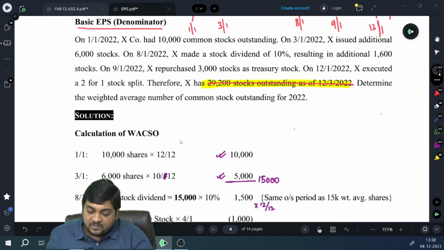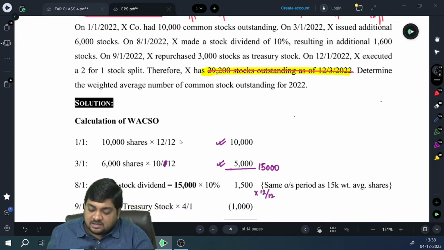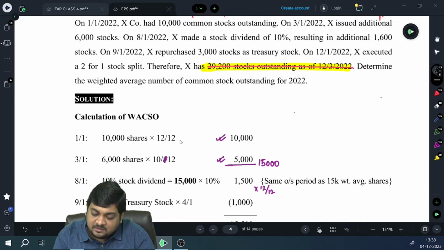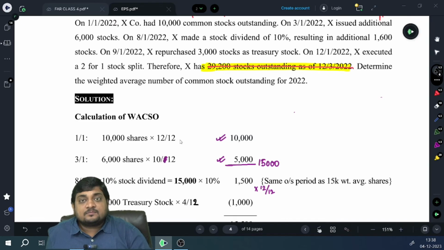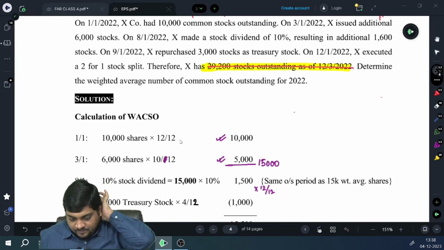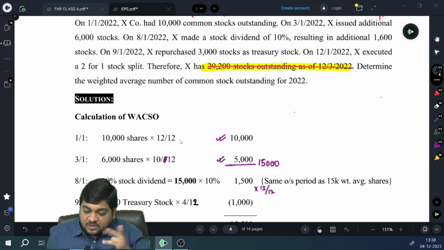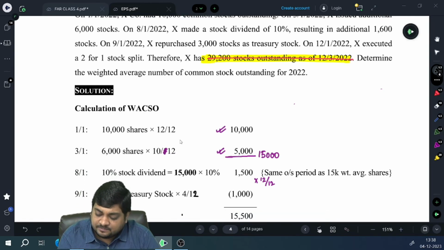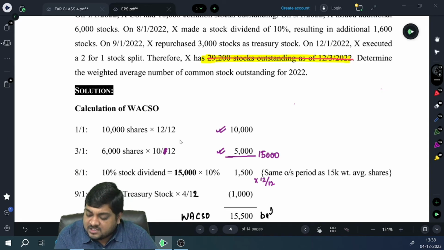Okay. Now treasury stock is not outstanding for 4 months. So again, if you don't have any stock split, then this is the weighted average number. This is before the stock split.